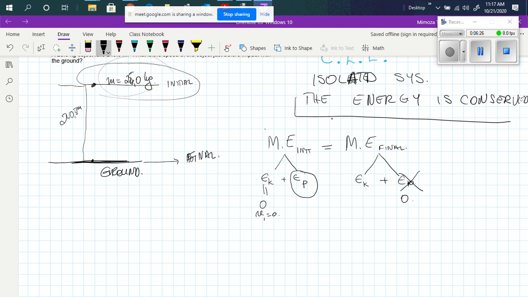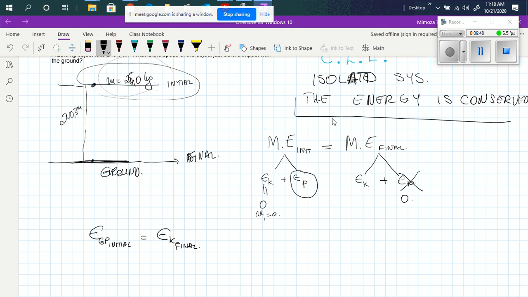So now the conservation law of energy will be expanded as this. The gravitational potential energy at the initial is equal to the kinetic energy at final.